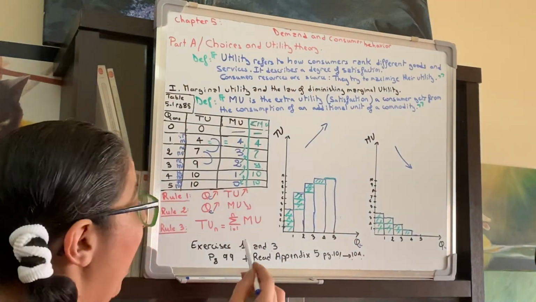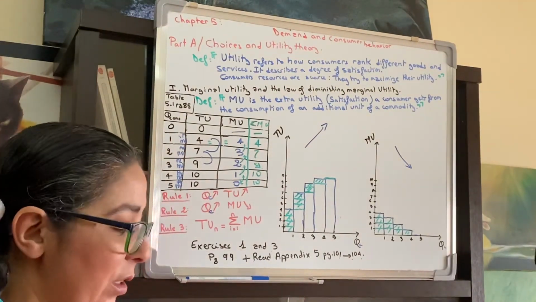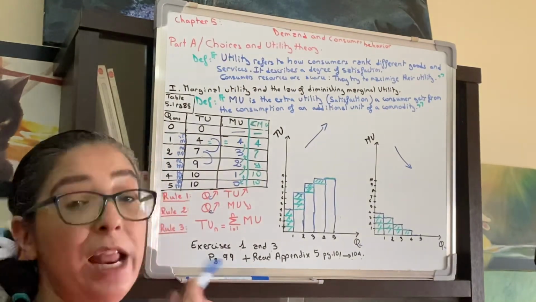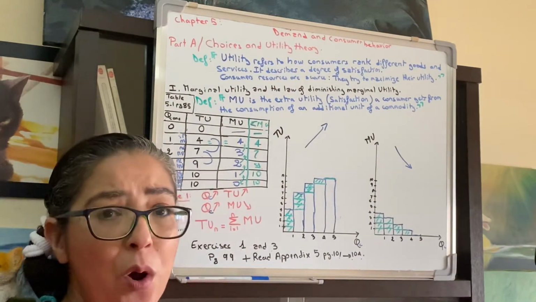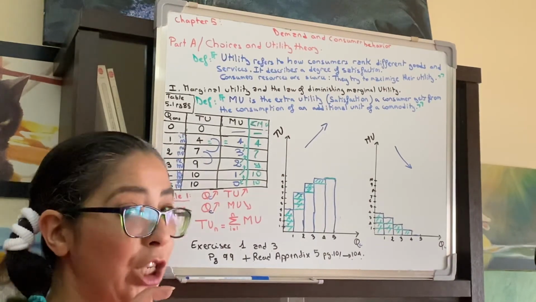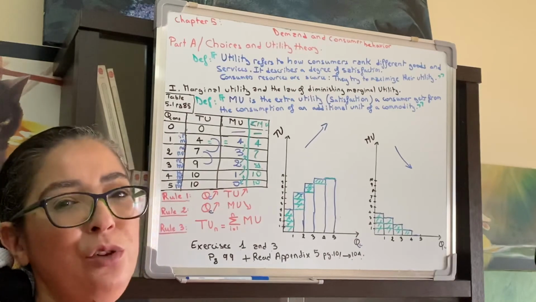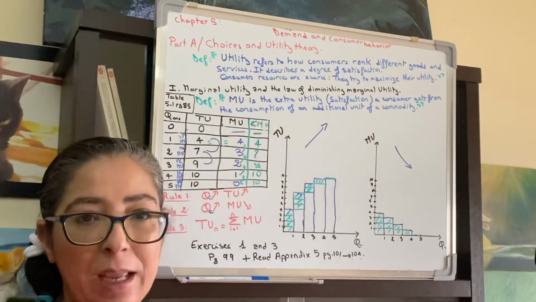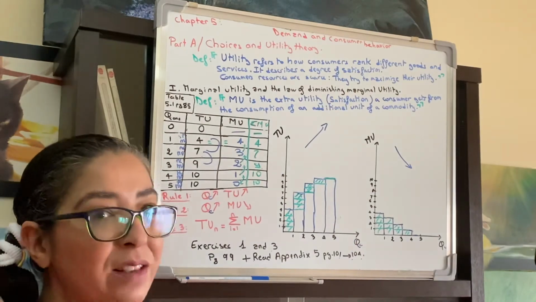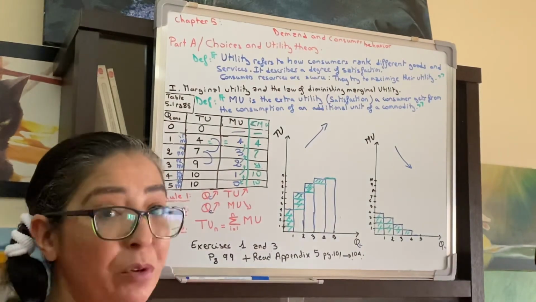Exercise 1, it's simply do it without looking at the book and after watching this video. It's simply asking you to really know the difference between total utility and marginal utility and the relationship between them. Okay? So watch the video, then try to do the exercise by remembering, not by reading the book.